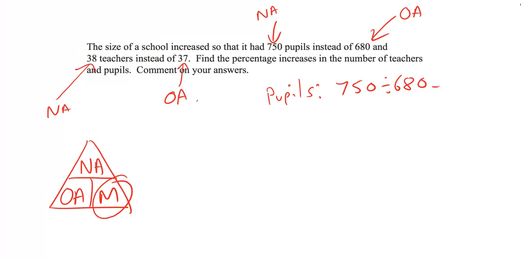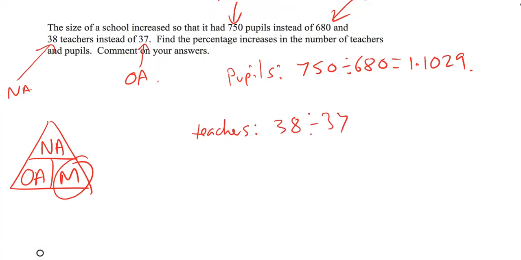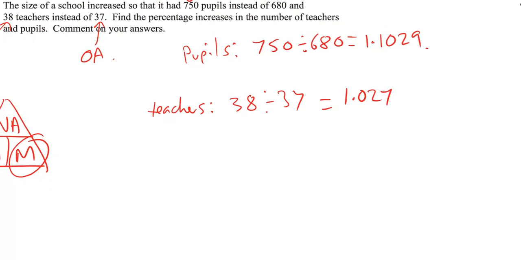So that is going to be 1.1029. And if I do the teachers, well, that is going to be 38 divided by 37. And that is going to be 1.027.